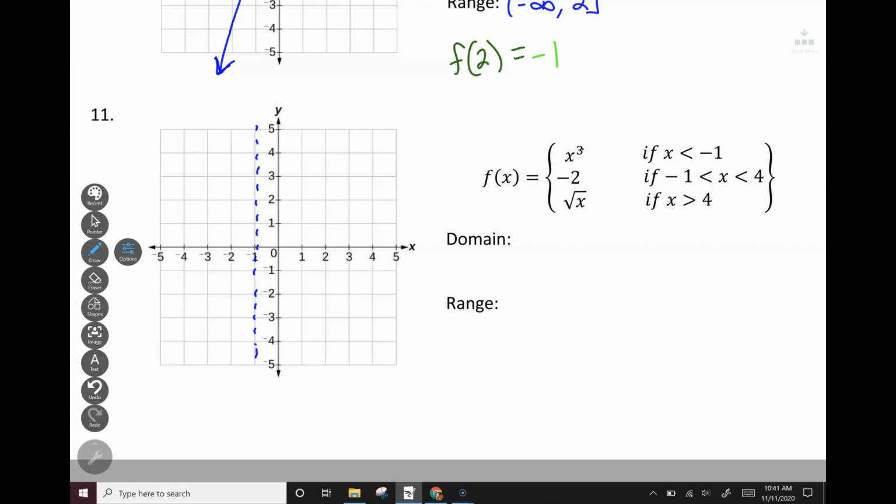Okay, so we're doing x cubed, so that means at -1, I would have -1 cubed. -1 cubed is still -1. We're going to have an open circle there because we are only less than -1. Okay, what about -2? What's -2 cubed? -2 times -2 times -2 is -8. Oh, I'm running off of my graph. So that's going to be somewhere down here.